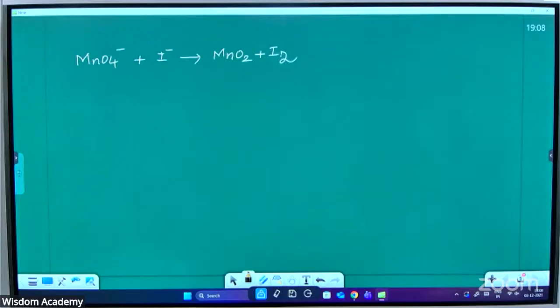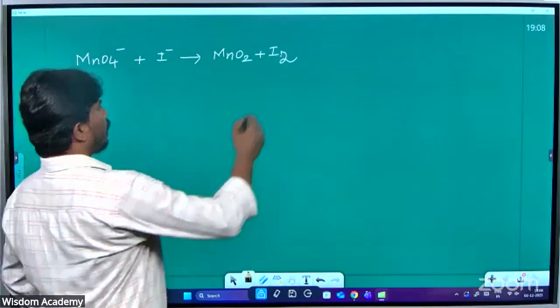PH4 to PH3 is the reduction. OH minus is a regular hydroxide ion, it stays as it is. This is basic medium.